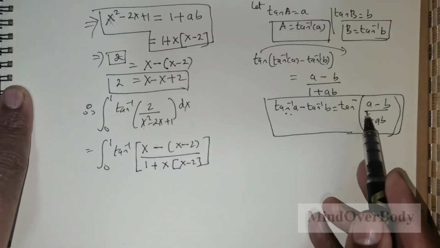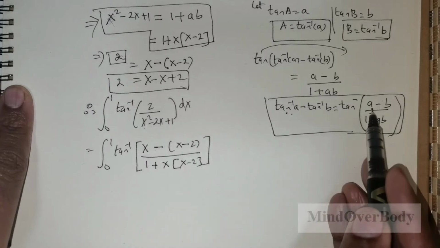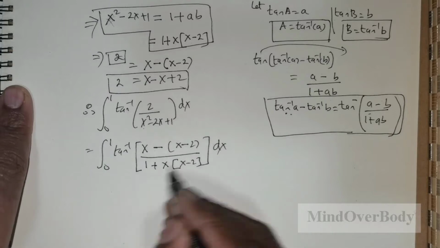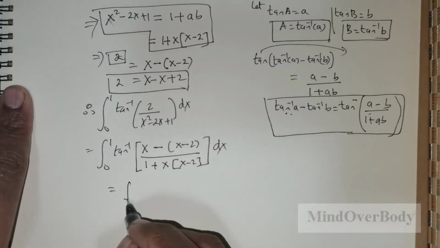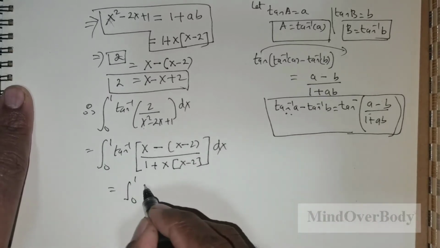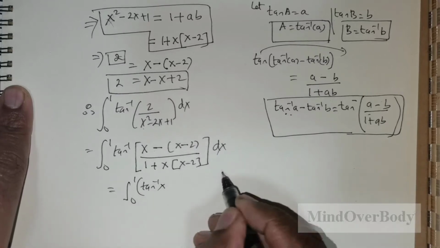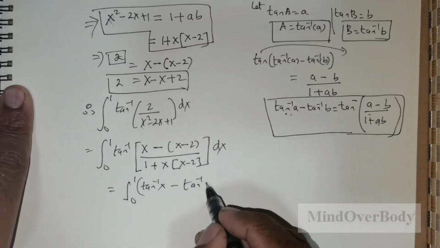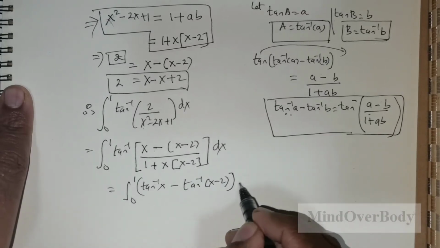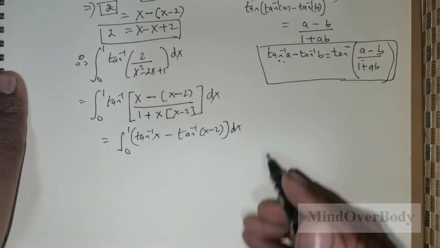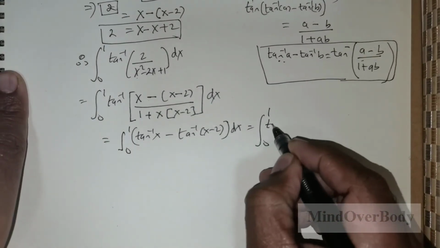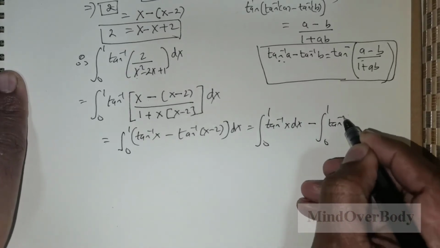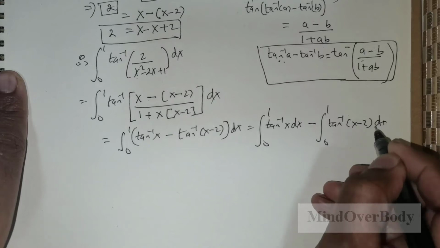So clearly I have achieved the representation. For my a I've got x, for my b I've got x negative 2. So this is rewritten as the integral from 0 to 1 of tan inverse of x negative tan inverse of (x negative 2) times dx. I can rewrite this as the integral from 0 to 1 of tan inverse of x times dx negative the integral from 0 to 1 of tan inverse of (x negative 2) times dx.